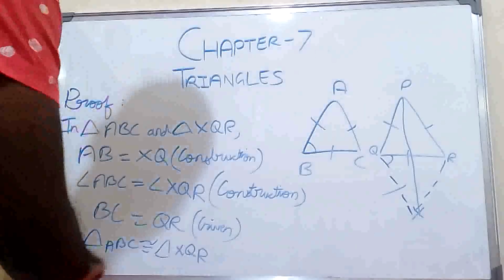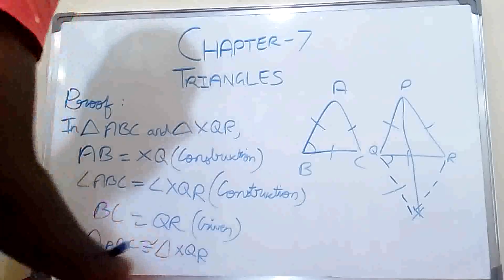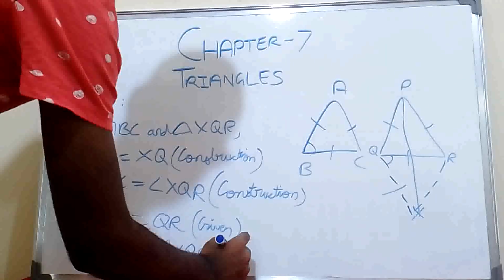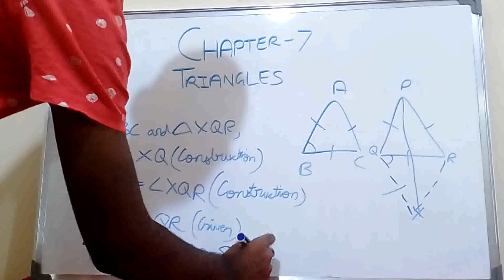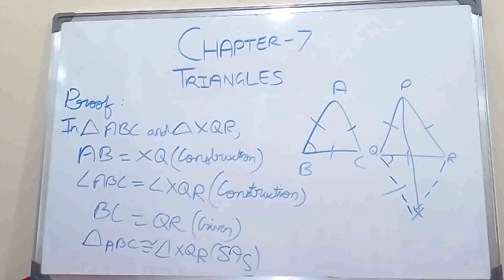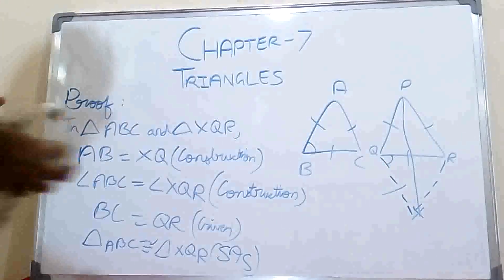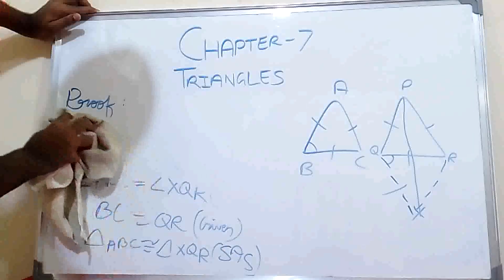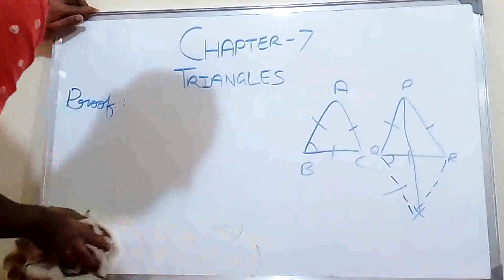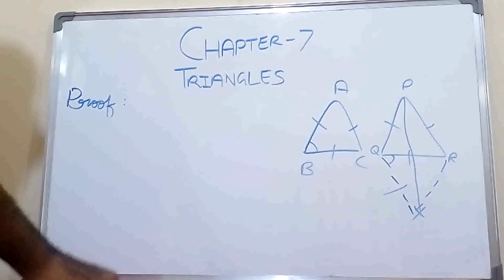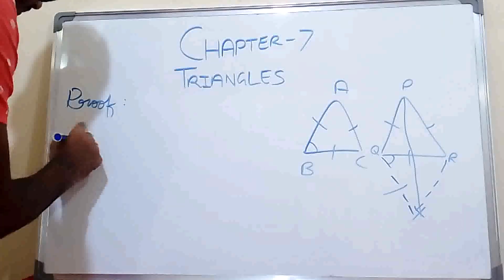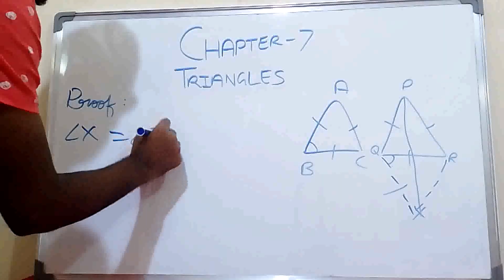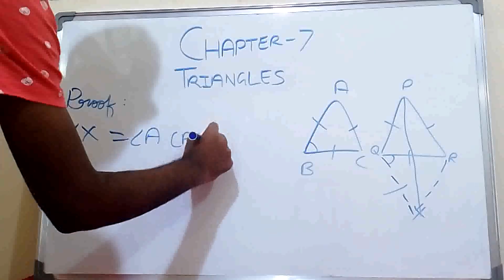So what we have here is that triangle ABC is congruent to triangle XQR due to SAS. So we use SAS to prove that these two triangles are equal, and after that, now we have that angle X is equal to angle A using CPCT.